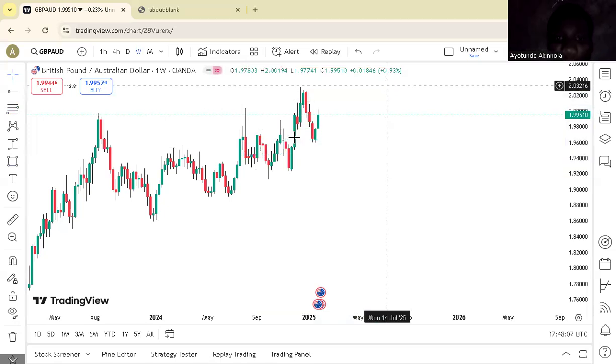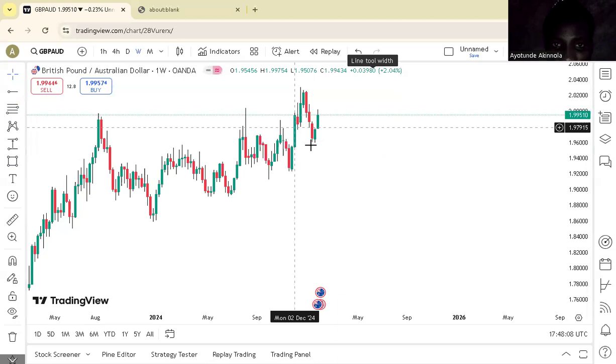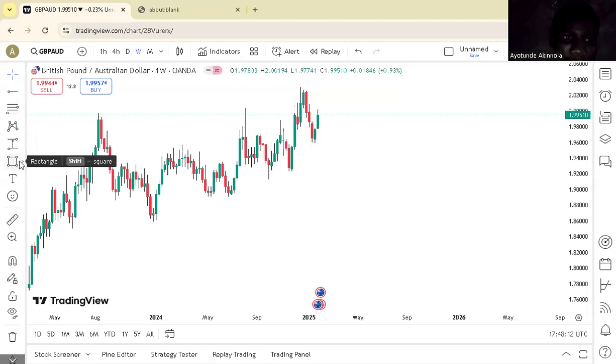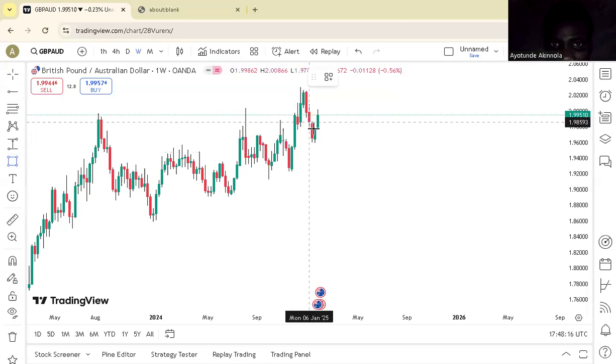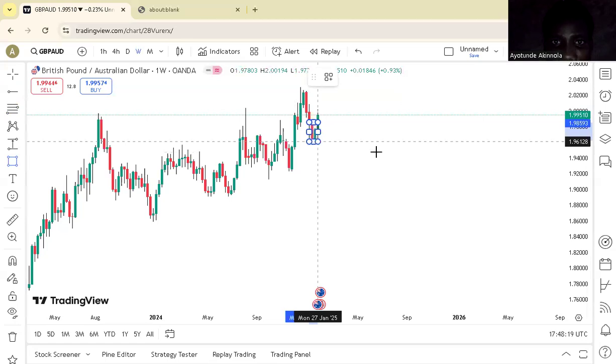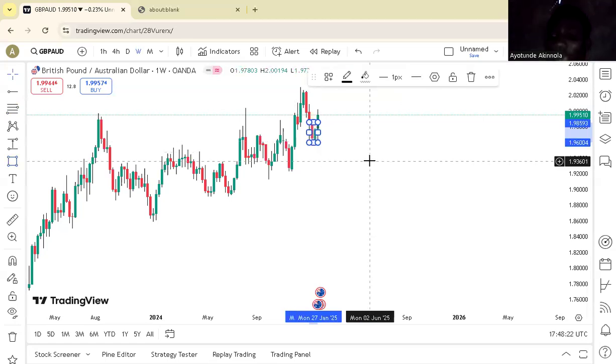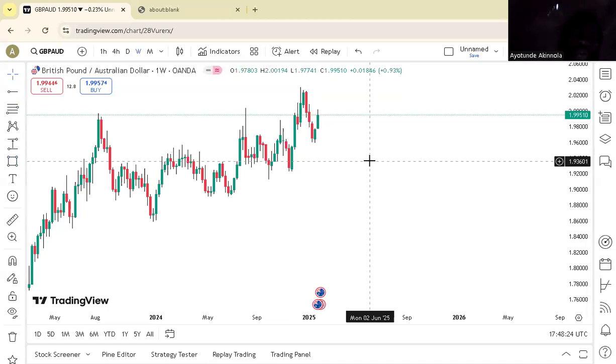So we call this bullish Harami. This man here, let me box it. This double candlestick is called bullish Harami. So I knew price is actually bullish and it's going to push up.